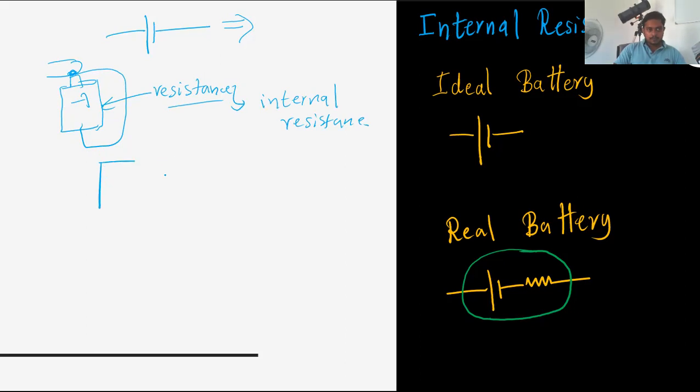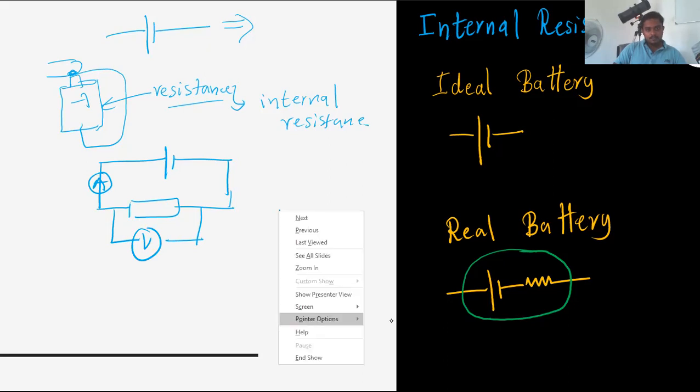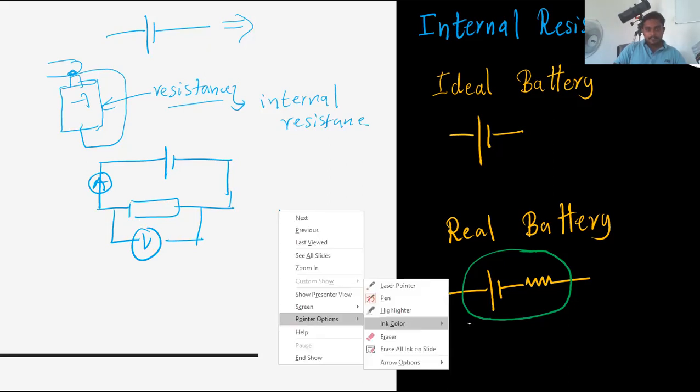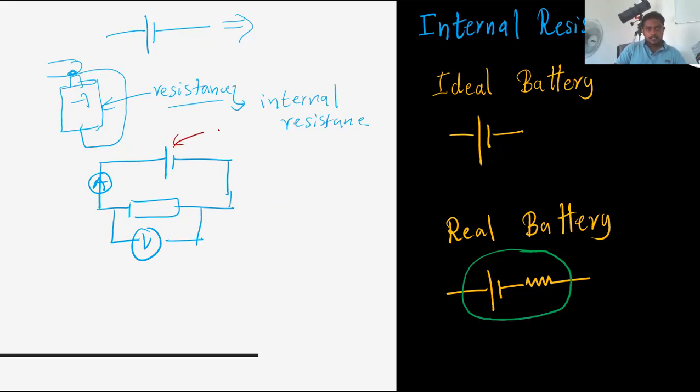Take a battery with a resistor, and we connect a voltmeter to this, and if you want an ammeter as well, we connect that. Okay, so at a time like this, if the current is passing through the circuit, if the battery is a real battery, this is a real battery, not an ideal one.